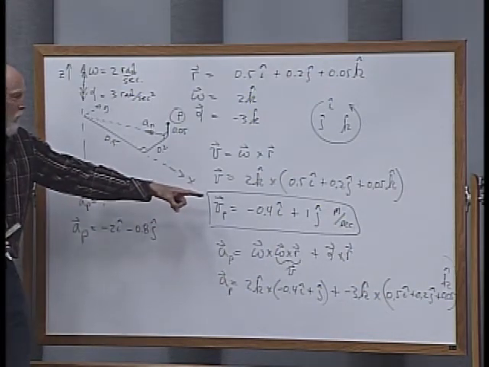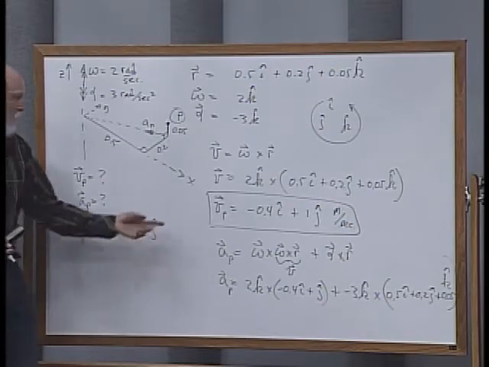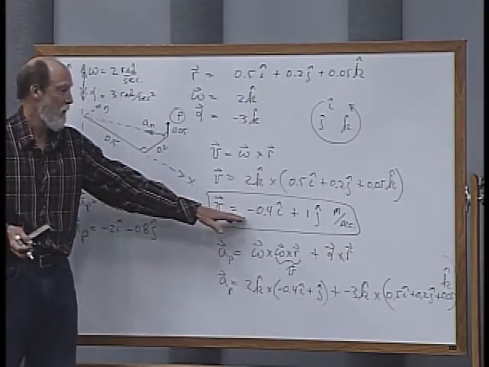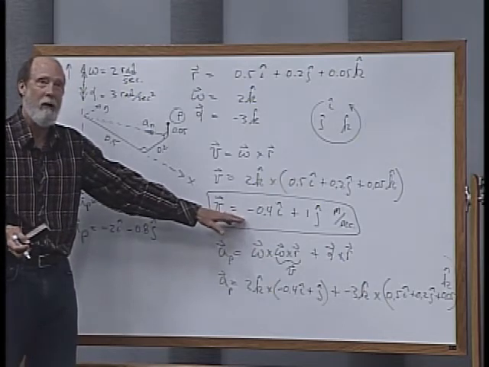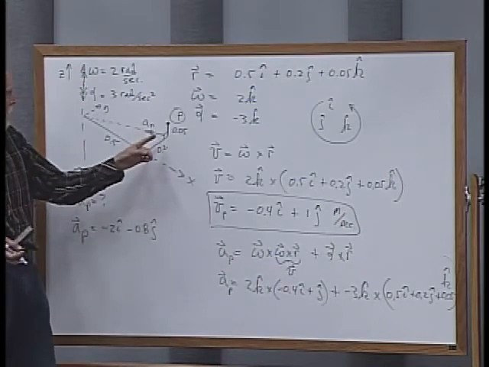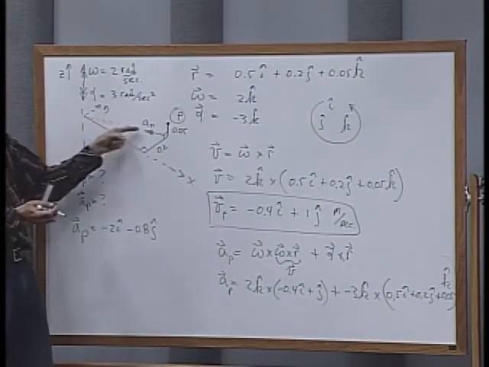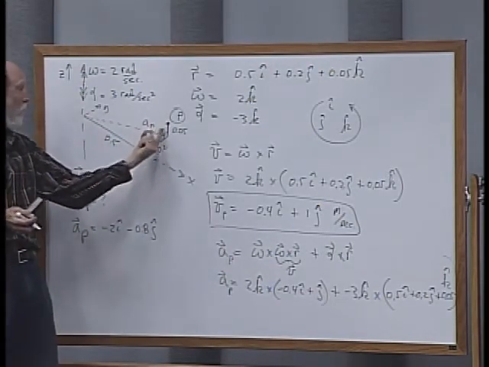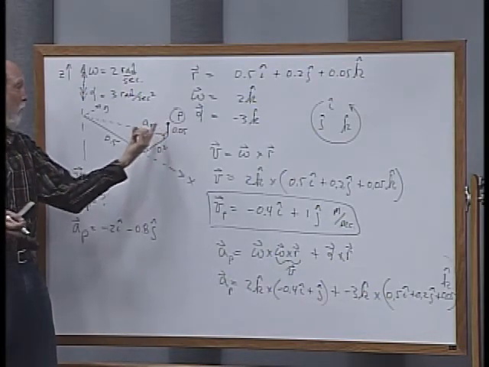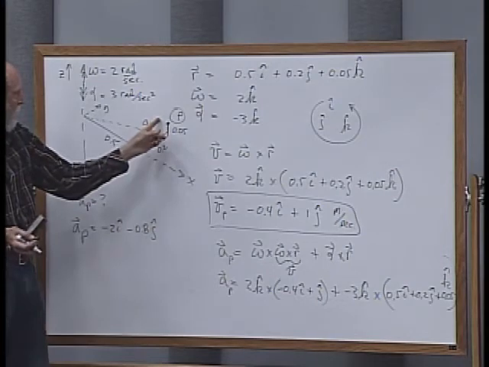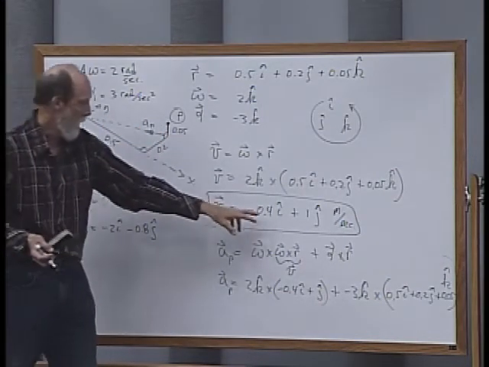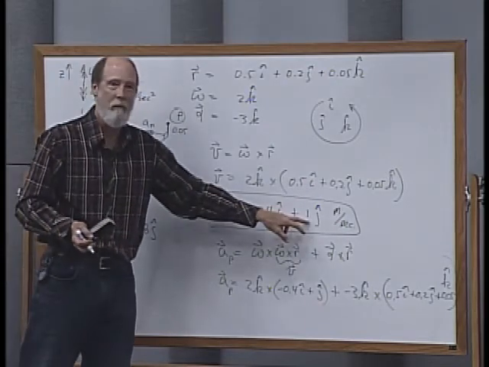Could you do something before we continue on with that acceleration? Because we haven't finished it yet, could we do something back here on the velocity to see if that was right? That should be pointing perpendicular to this arm right here, shouldn't it, in the plane of the rotation? So it should be pointing with a negative x term and a positive y term.